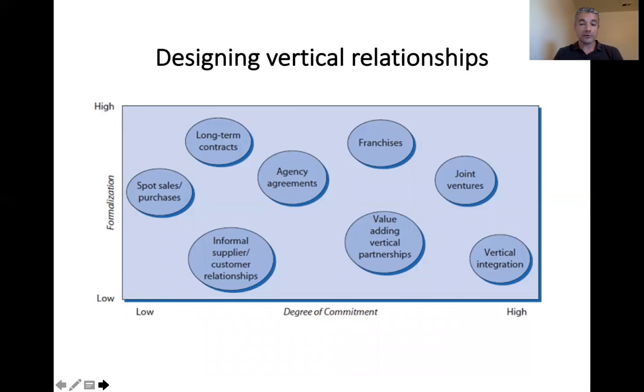You may also have relationships such as franchising or joint ventures or long-term contracts, which imply a much different kind of formalization and commitment between the parties. So we'll talk a bit about joint ventures and strategic alliances later on today, but the whole idea is that you can manage a vertical relationship without necessarily committing to that partner 100% long term in the most formal way.